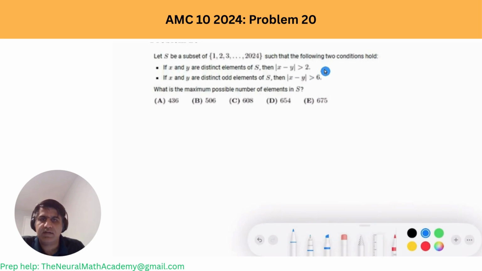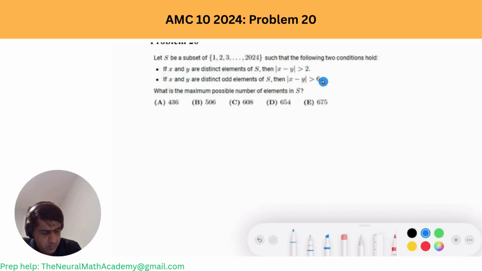So let's first understand these two conditions. As per the first condition, if we have two distinct numbers, let's say 1 and 2, then the difference is 1, right? So that is not greater than 2 and it will not satisfy this condition. In order to satisfy the first condition, let's say I take 1 and 4, the difference is 3, so it would satisfy this condition, right?